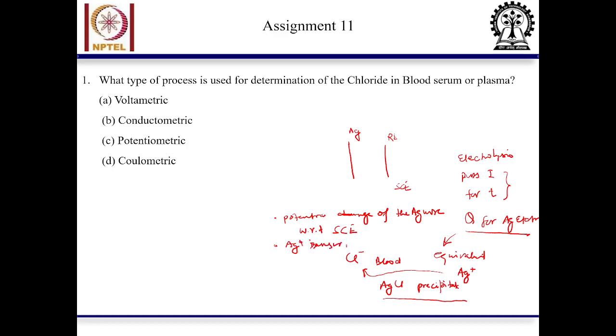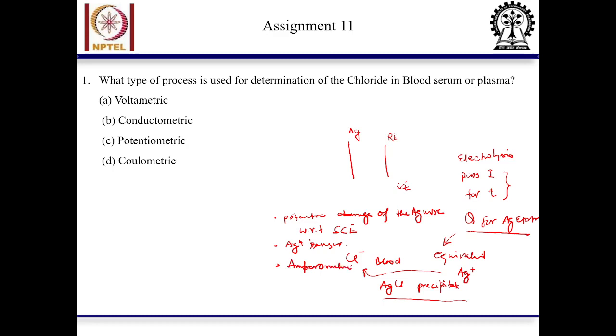We have already read previously in the previous lecture about this cation sensor, like ammonium cation, all those things. Our third way is that we can do amperometric detection, right?